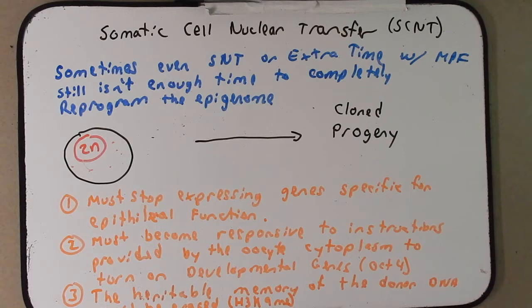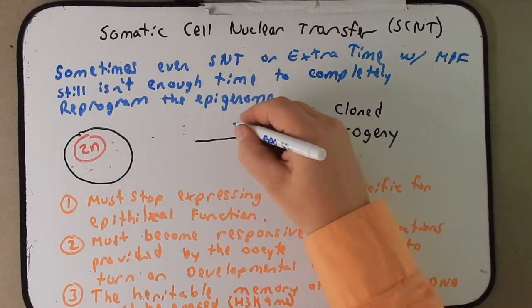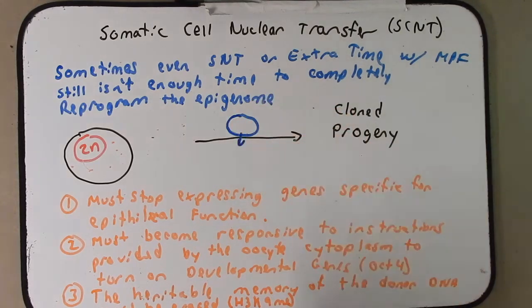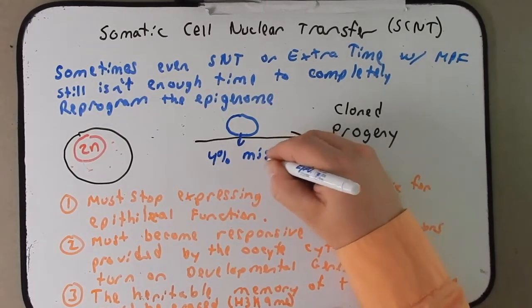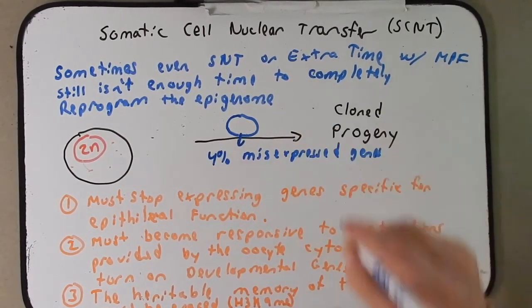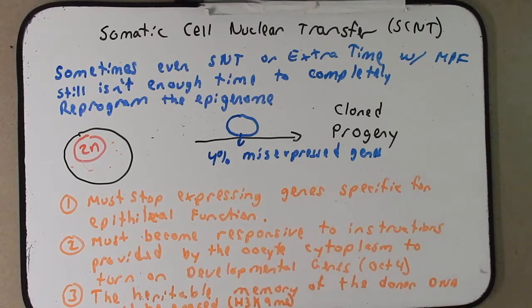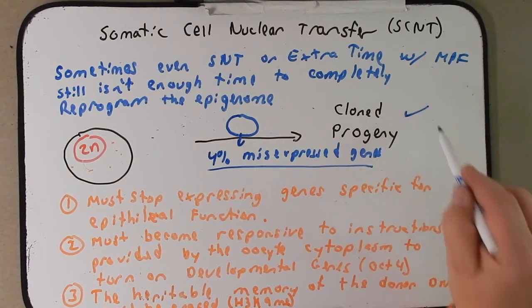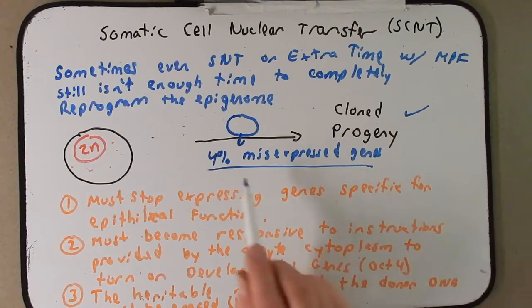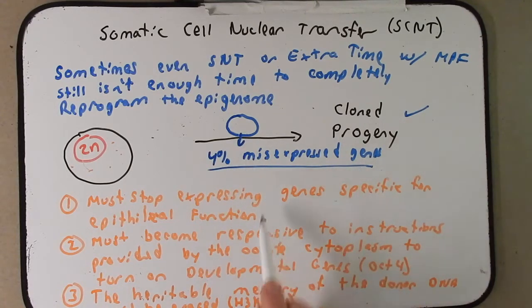Now, not surprisingly, there's a lot that has to happen. And not all of this occurs, or at least not all of it occurs to 100%. We know when we look at these embryonic cells found here in the middle, there's at least 4% misexpressed genes. I guess that's not horrible. 96% of them are doing what they're supposed to do, but about 4% are misexpressed. But I suspect the reason that we don't get 100% cloned progeny is because of this imperfect resetting of the genome.